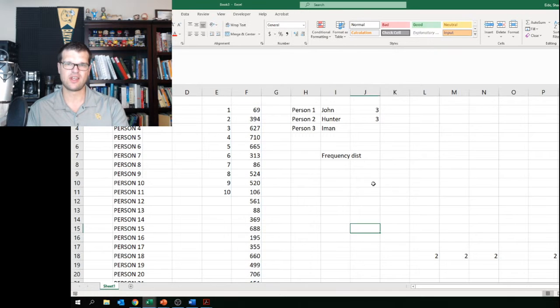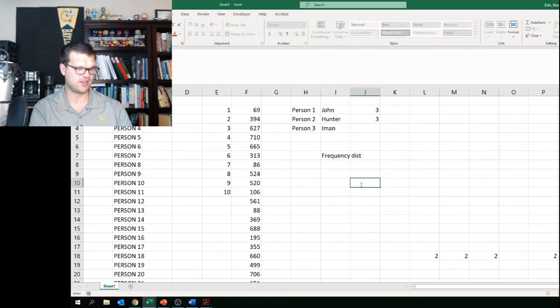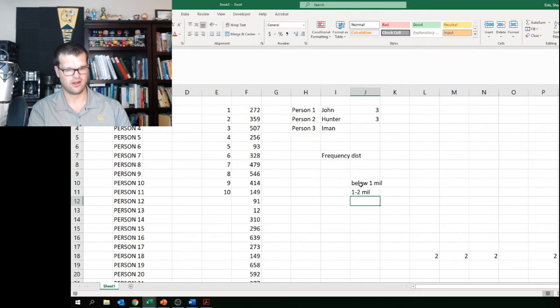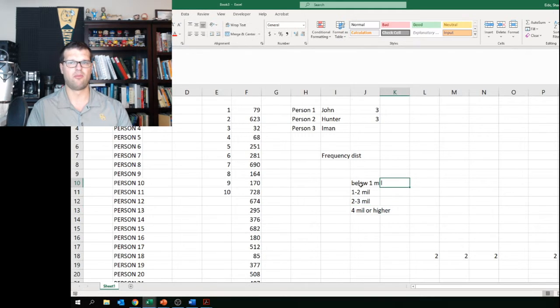Like for instance, if you have companies that make below 1 mil, 1 to 2 mil, 2 to 3 mil, then 4 mil or higher profit in a year.